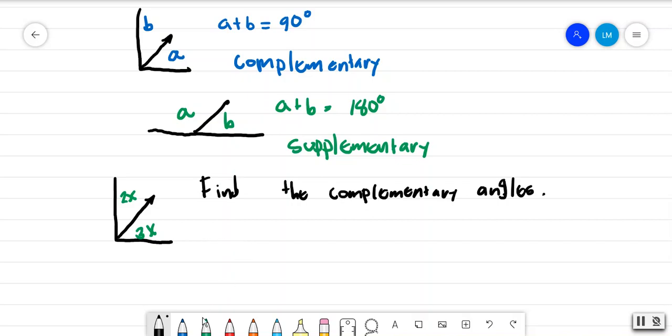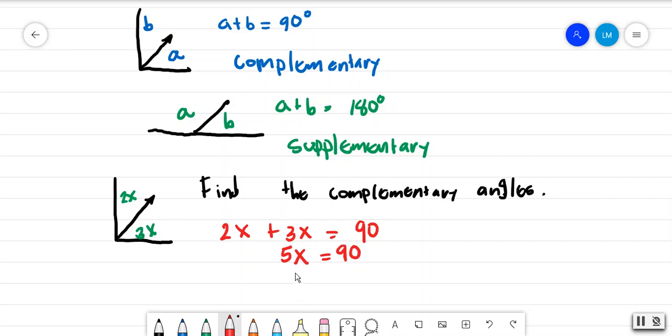Well, basically what we know is that 2x plus 3x equals 90 degrees. Algebraically, we can combine this into 5x equals 90.